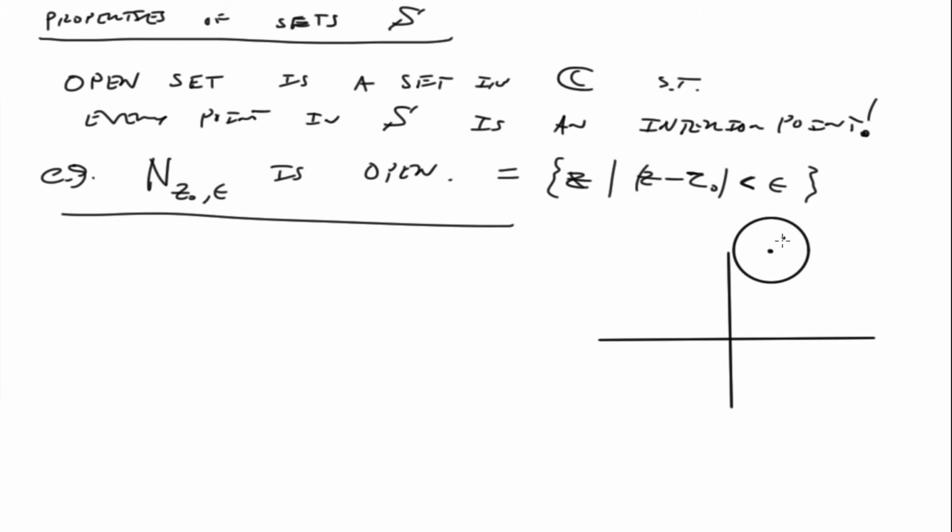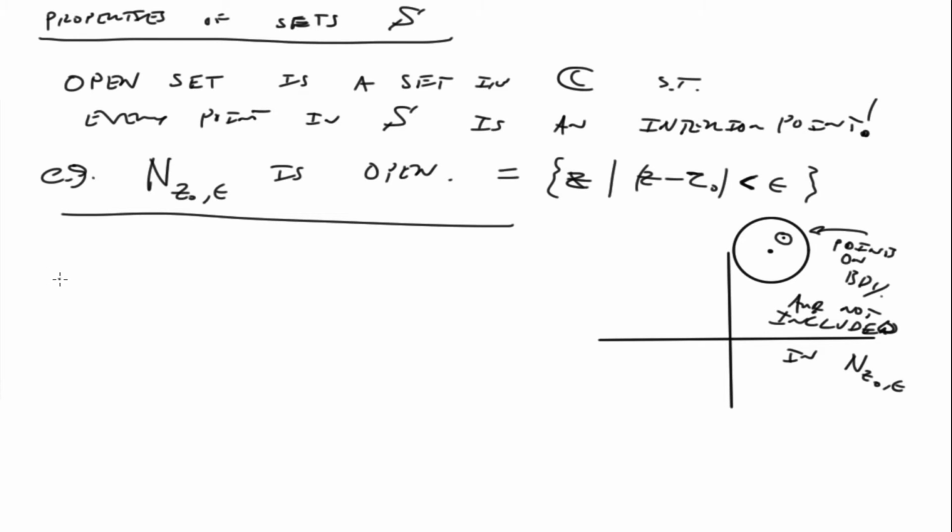Every point inside of it, I can draw yet another little neighborhood around it. But the idea here is that with this neighborhood, those points on the boundary are not included in the set itself. Okay, and that's because it's strictly less than.